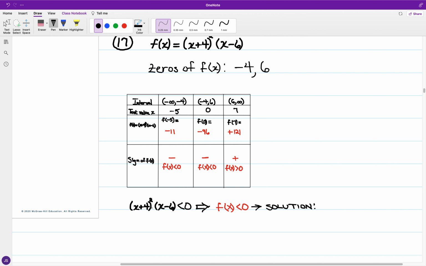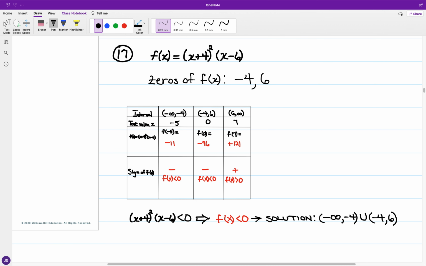So for this statement to be true, either x must be less than negative 4, or, if it doesn't fall in that category, x must be between but not including negative 4 and 6. So this union of intervals is going to be the solution for x pertaining to that inequality.